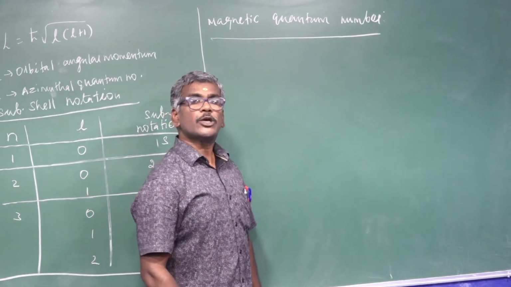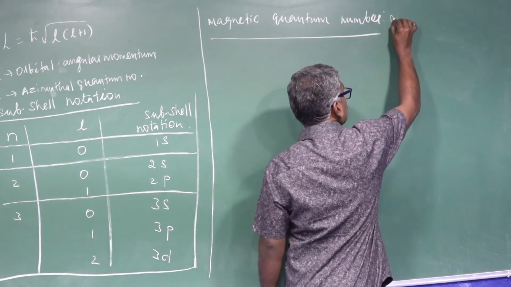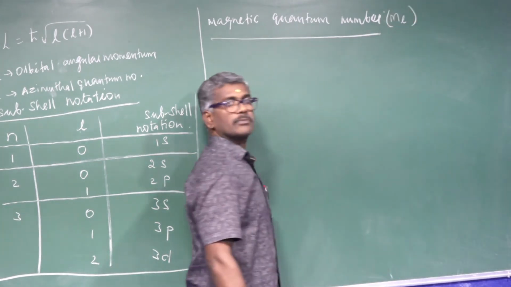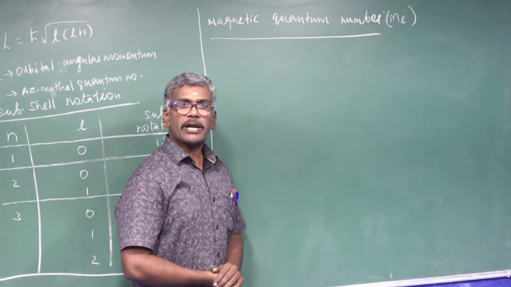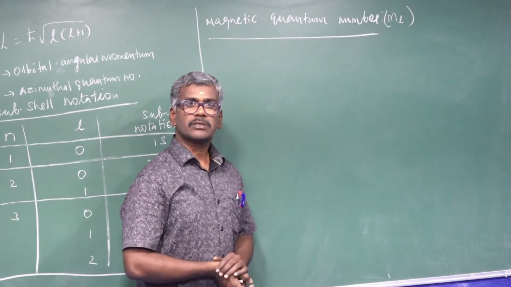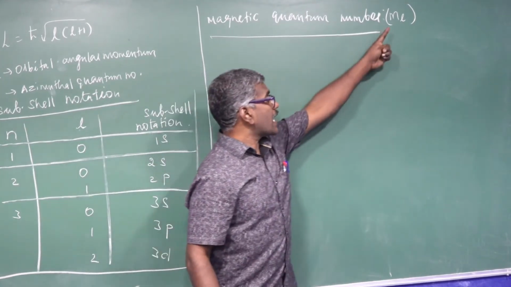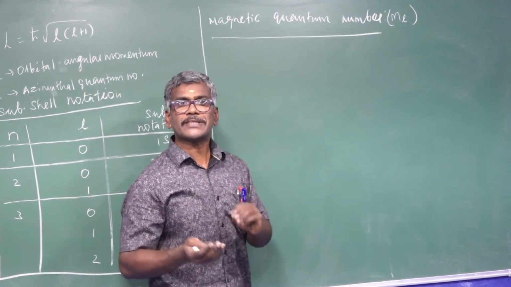The magnetic quantum number is denoted by small l, m subscript l. The magnetic quantum number determines the spatial orientation of orbitals. The m value depends upon the azimuthal quantum number.